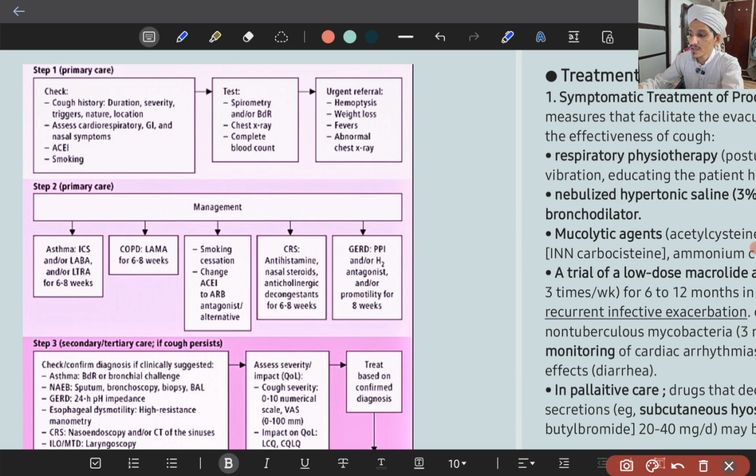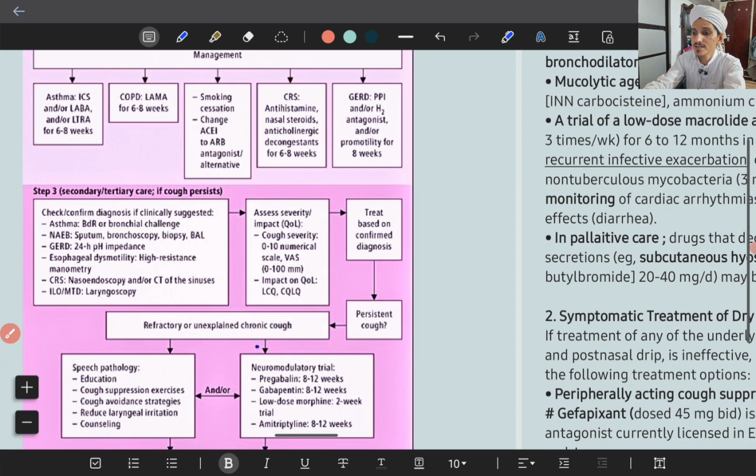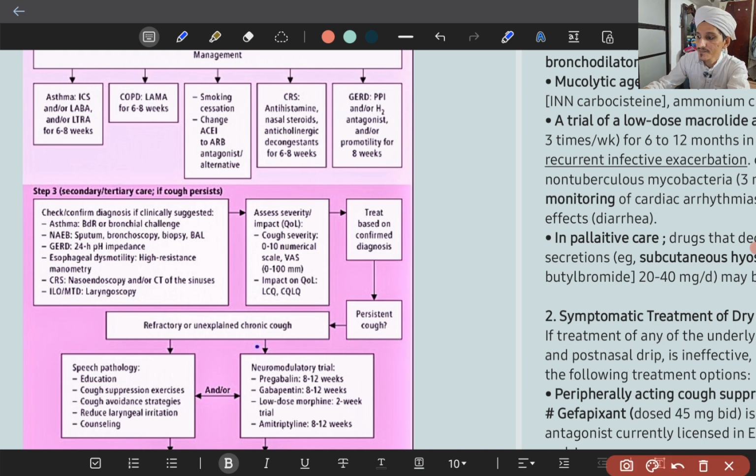Now, if the cough is still not resolving while you are treating these conditions, you should do, this is a chart, a step by step approach it is giving.